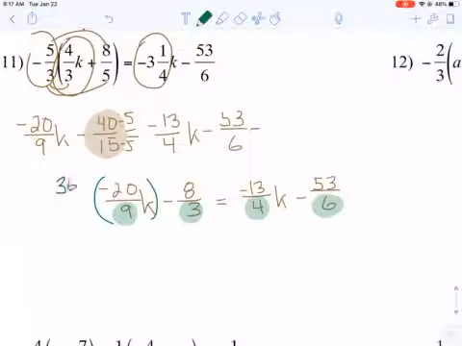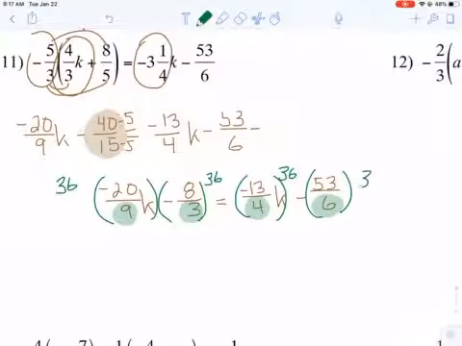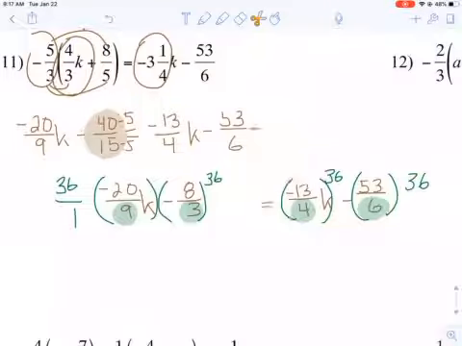Times 36, I do the same thing here, times 36. Times 36. All right, it's 36 over 1. I know sometimes people get a little troubled when they just see the 36 next to it, so I'm just going to show it's 36 over 1.